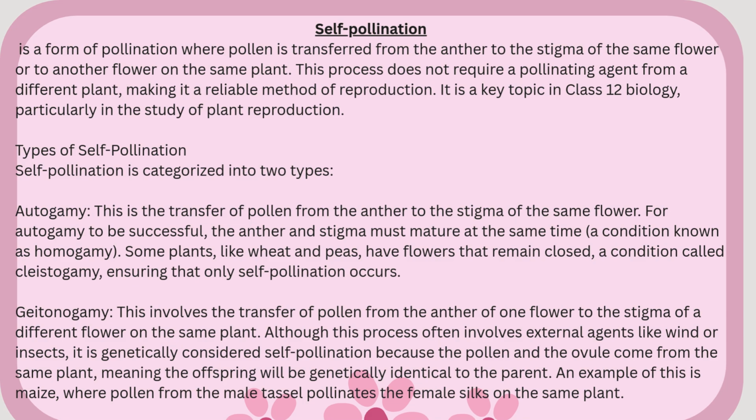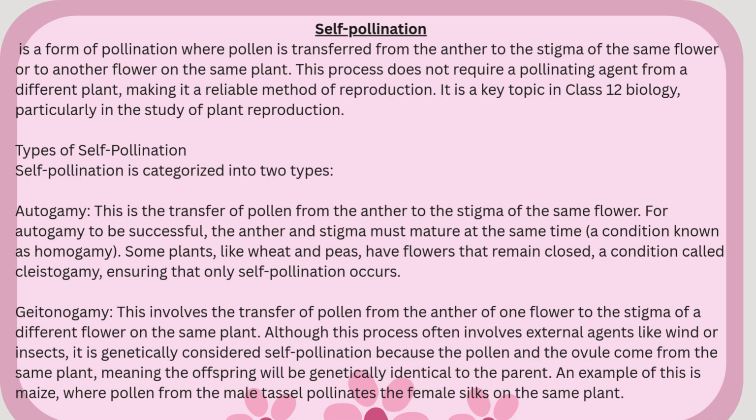Some plants like wheat and pea have flowers that remain closed, a condition called cleistogamy, ensuring that only self pollination occurs. The next one is geitonogamy. This involves the transfer of pollen from the anther of one flower to the stigma of a different flower on the same plant.